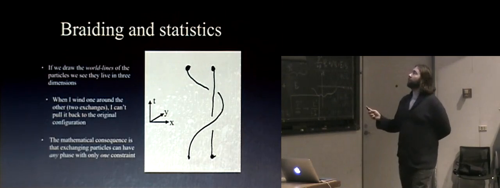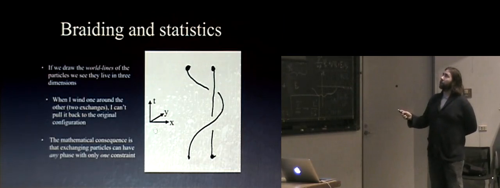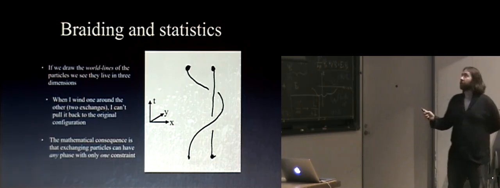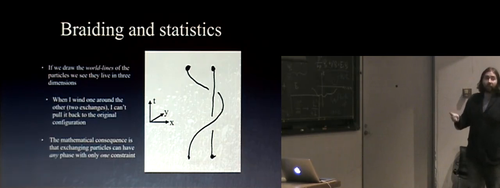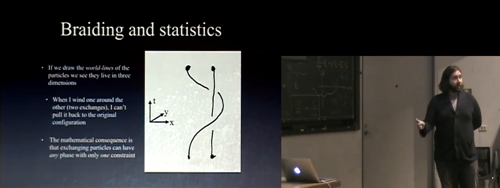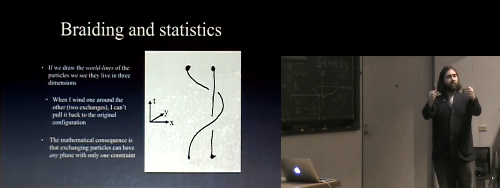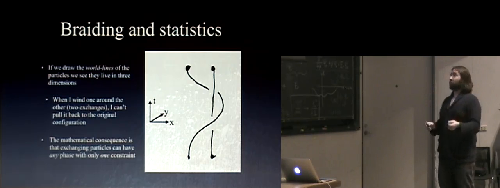So here's a different version of this picture. I have an x and y, and now I'm just plotting the lines as a function of time, right? So this is the world line of each particle, and it's clear that the world lines live in 3 dimensions, not 4 dimensions, right? For points in 3 space, if I include time, that's a 4-dimensional world line.